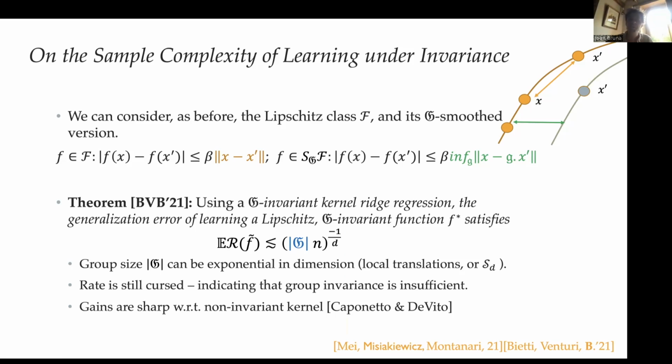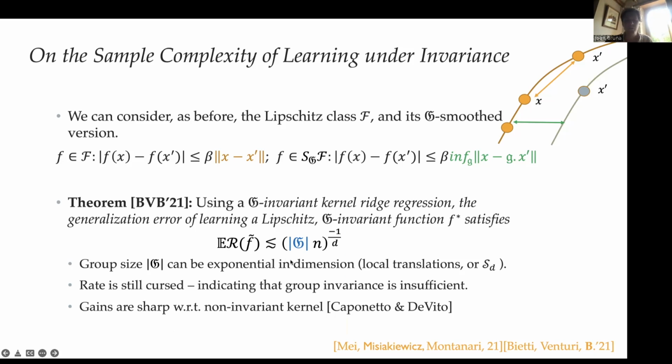So the only thing that invariance gives us in this context is a gain in the constants. We can do better, but the major problem that we had before still remains. We still have this very bad dependency on dimension for this class of regularity. And let me also say that the gains that we see here relative to not using the invariance are real.